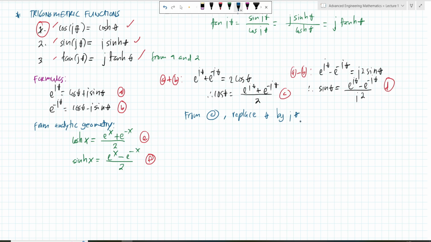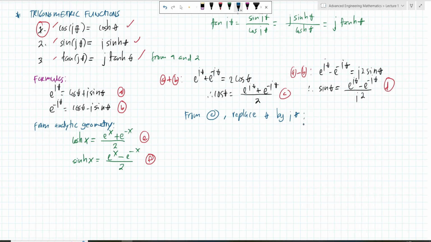For example, you can replace theta by x in cosine x equals e^(jx) plus e^(negative jx) over 2, and then replace x by j theta. It is the same as replacing theta by j theta.